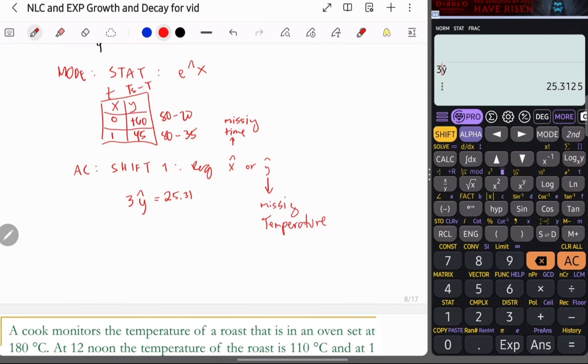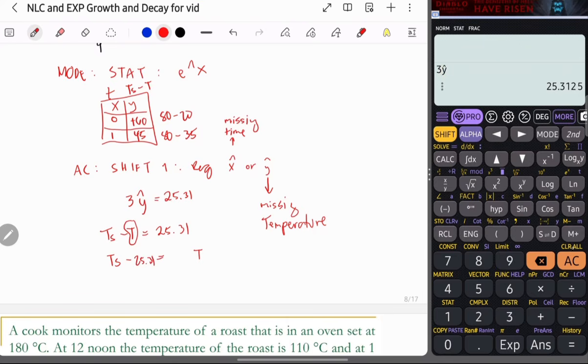Remember that y bar here is Ts minus T. So, the result for Ts minus T is 25.31. And you are looking for this one, T. So, transpose T. So, this becomes positive. And you transpose 25.31 to the left side, it becomes negative 25.31.